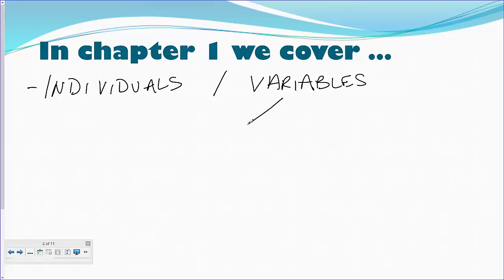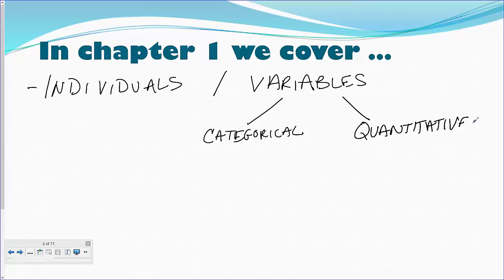When we get into variables, we're going to break these into two parts. We're going to look at categorical variables as well as quantitative. So we'll be looking at what is a categorical variable and how is it different than a quantitative variable. Especially, we will be looking at how we can graph these two types of variables.